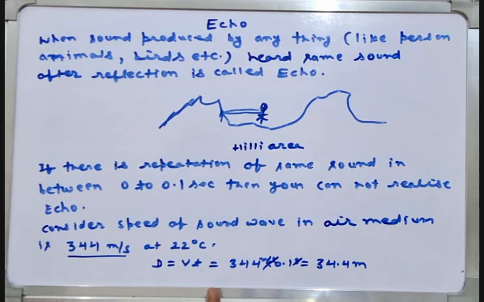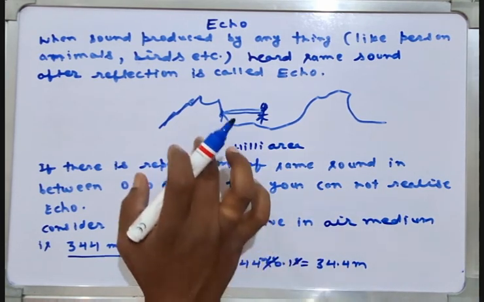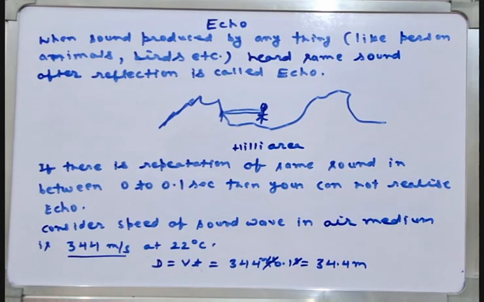So when you make half of this distance, it will give the minimum distance.